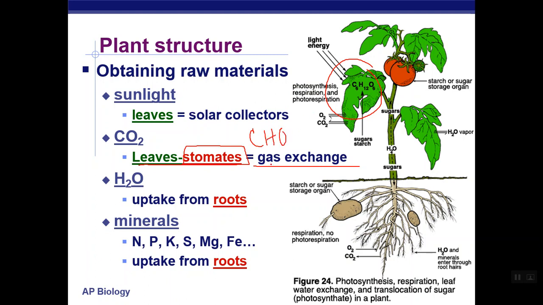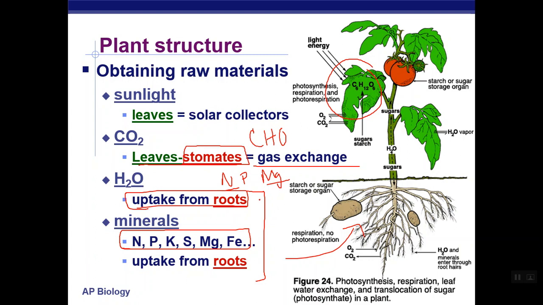So any nitrogen, any phosphorus, any potassium, any other element besides carbon, hydrogen, oxygen, magnesium, we'll see that in a minute, all has to come up from the roots. So the roots are going to get you these other elements, and also the roots are going to uptake water.